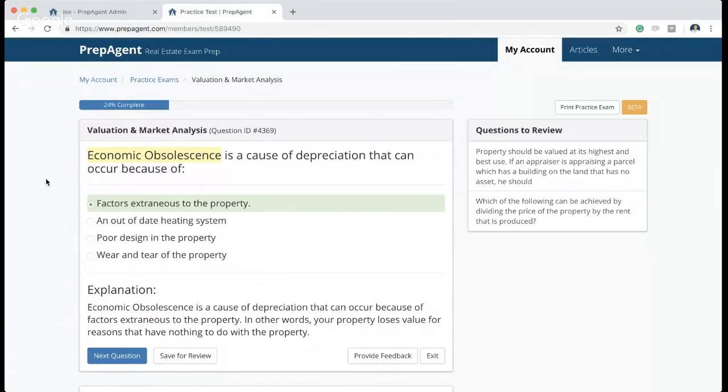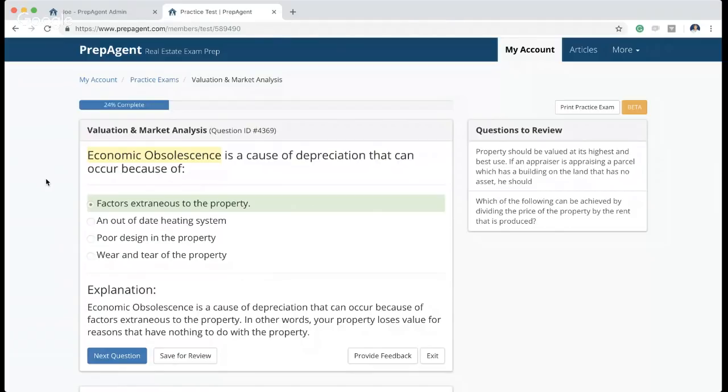So Jillian wrote physical, economic, and functional. Which of those three is not a form of obsolescence? Physical, because it's physical deterioration. Good.